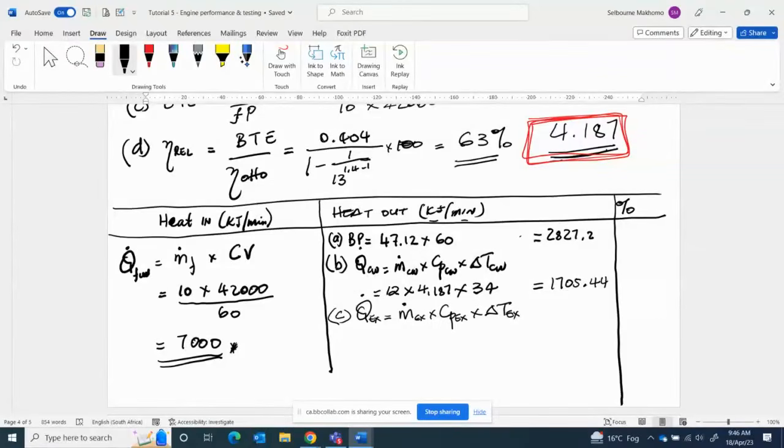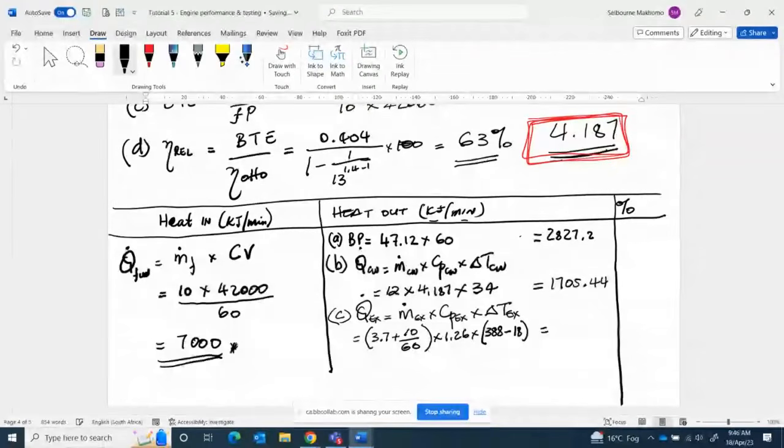So in this case, 3.7, which is the mass of air in kg per minute, plus the fuel, which we convert to kg per minute by dividing by 60 because it's already per hour. Bracket multiplied by Cp, which is already given, 1.26, and the temperature difference is given. Outlet temperature is 388, and inlet is 18.